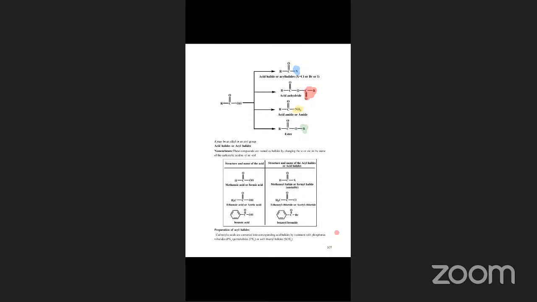Yes, sir. So, just simple implementation: in the place of OH in carboxylic acid we get a halogen, that is known as acid halide; adding C double bond O in place of hydrogen is acid anhydride; adding an amine group NH2 is the amide group; and in place of H, the R alkyl group is substituting, that is known as ester. These are all carboxylic acid derivatives.